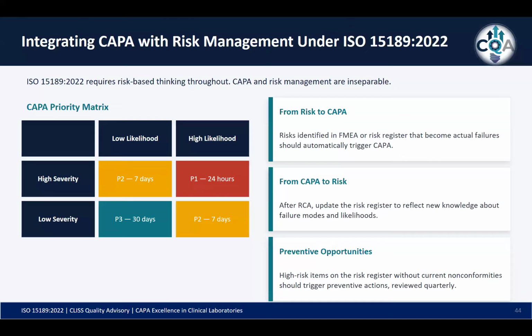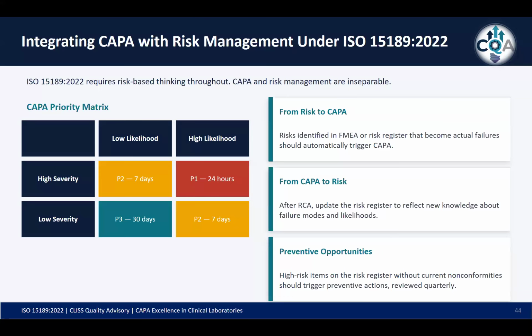Respond to that non-conformity and contain it within 24 hours. Do your root cause analysis, plan your corrective actions and implement, but respond within 24 hours. With a low likelihood and a high severity, respond within 7 days. The same applies with high likelihood and low severity, same level. Low likelihood and low severity, respond within 30 days.